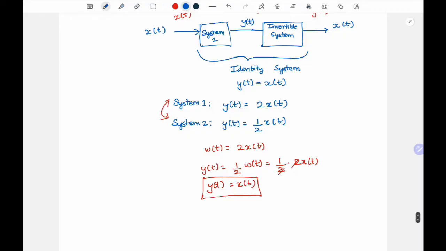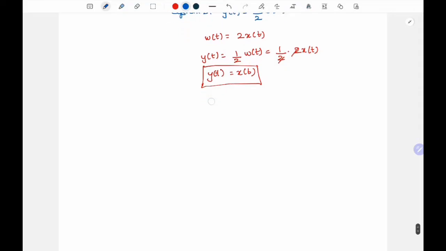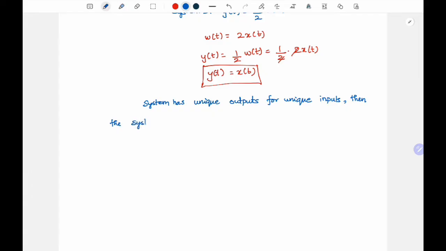But what is the condition that a given system will be invertible or not? If the system has unique outputs for unique inputs, then the system can be said to be invertible.